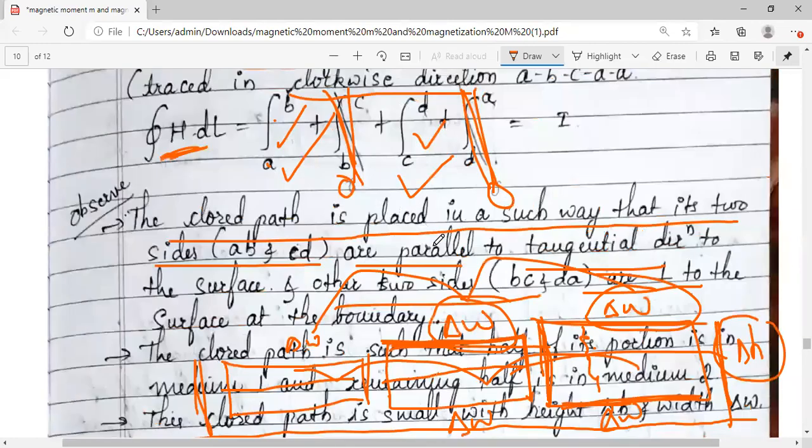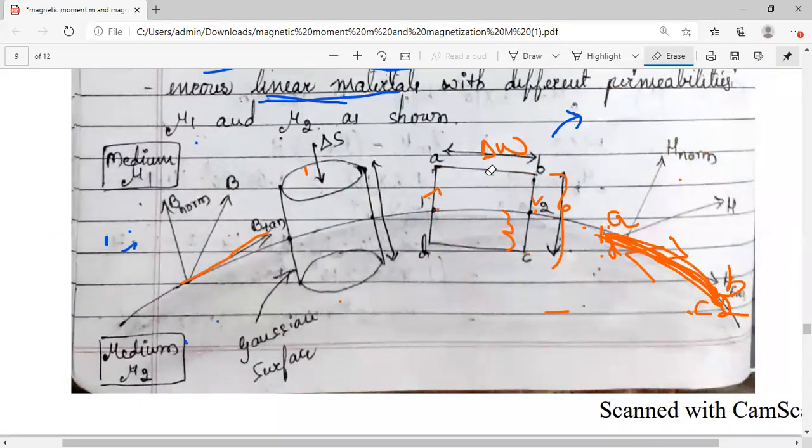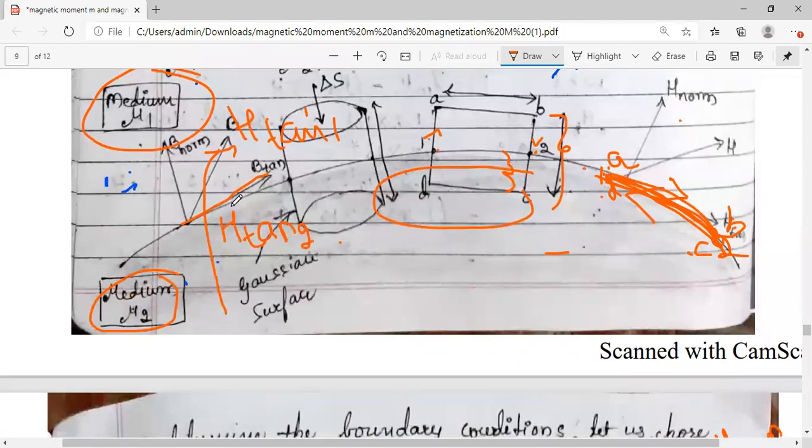Which medium is the AB line in? Originally, the AB line is in medium 1 and the CD line is in medium 2. So whenever your H component travels from one medium to another, its tangential component is this 2, this 1. Now, as per the equation analysis, we have got H tan 1 minus H tan 2 equals K. That is, there is no continuity.